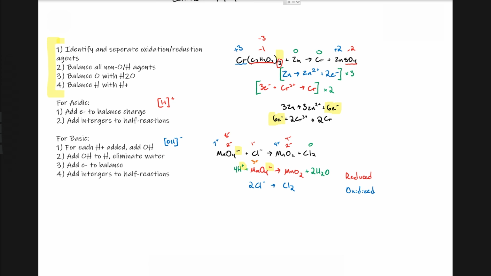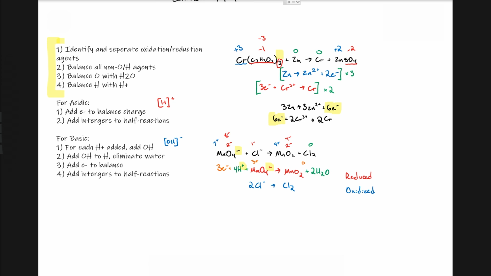Now on the right side of the equation, that total net charge is 0. So in order to balance things out, all we need to do is add 3 electrons to the left side of the equation. And by adding 3 electrons, that's going to balance out this 3 positive charge. And now the net charge on both sides of the equation for the first half reaction is 0.